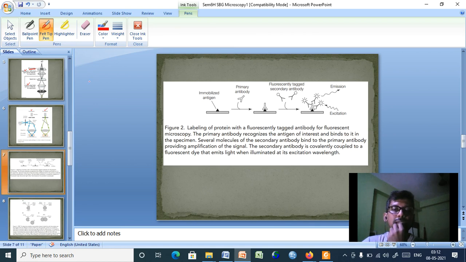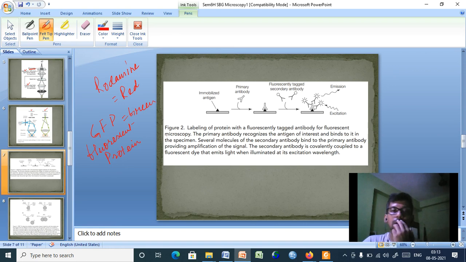Some basic important dyes like rhodamine, it yields a red color. Then GFP, or green fluorescent protein. We get this from a jellyfish.